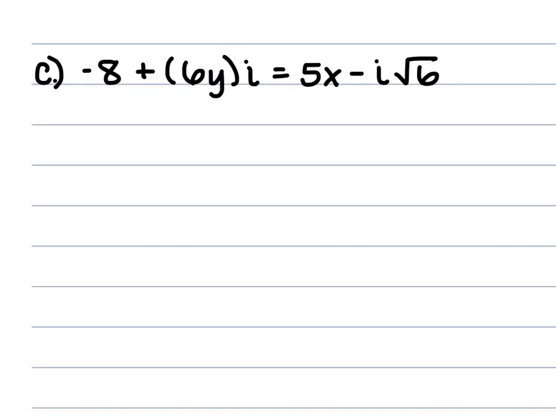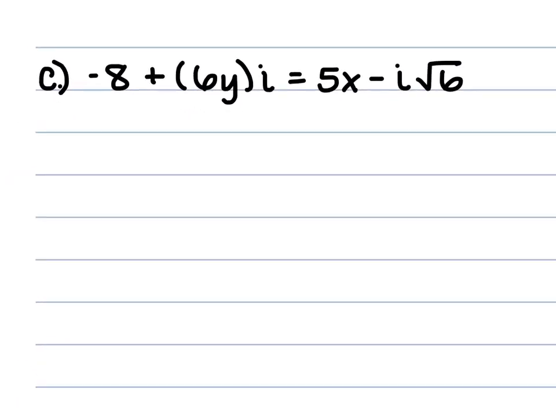This gets a little more crazy because we have a square root in there, but that shouldn't stop us. All right. Again, I'm being obnoxious. Real equal to real, imaginary equal to imaginary. All right, talk to me.